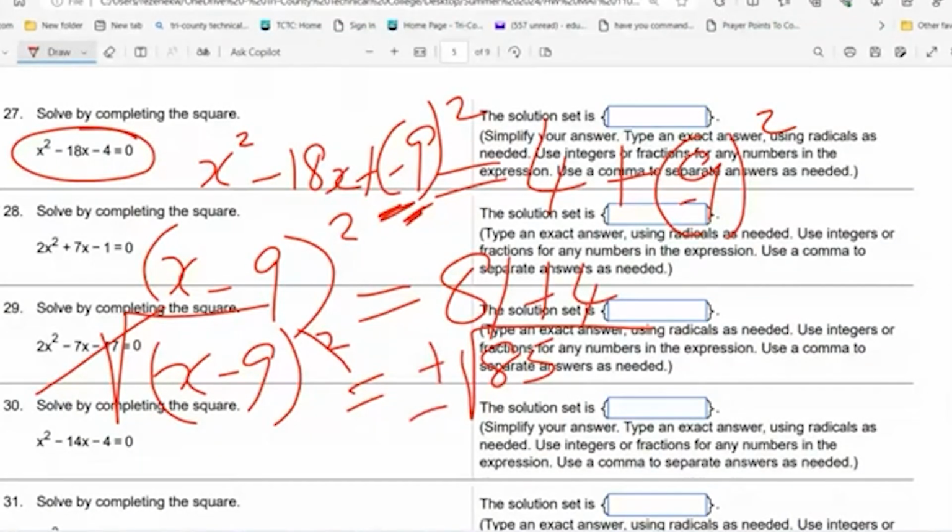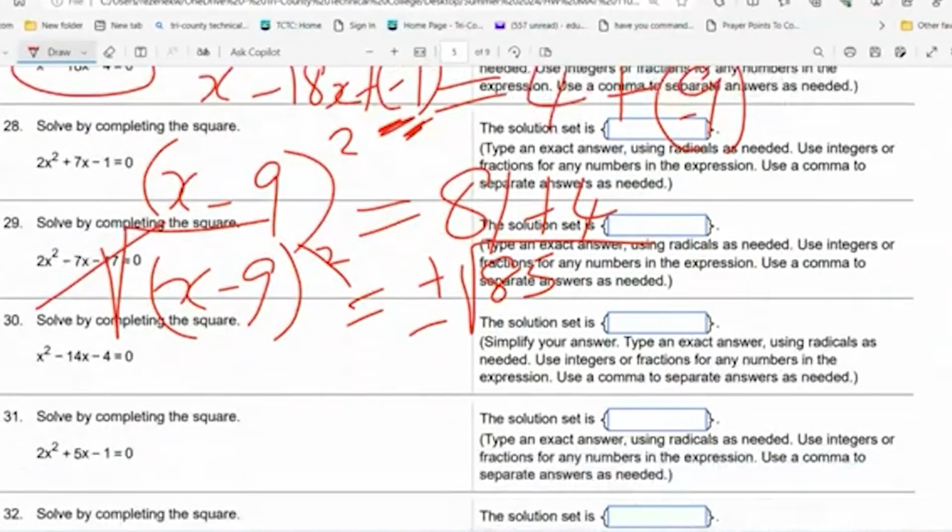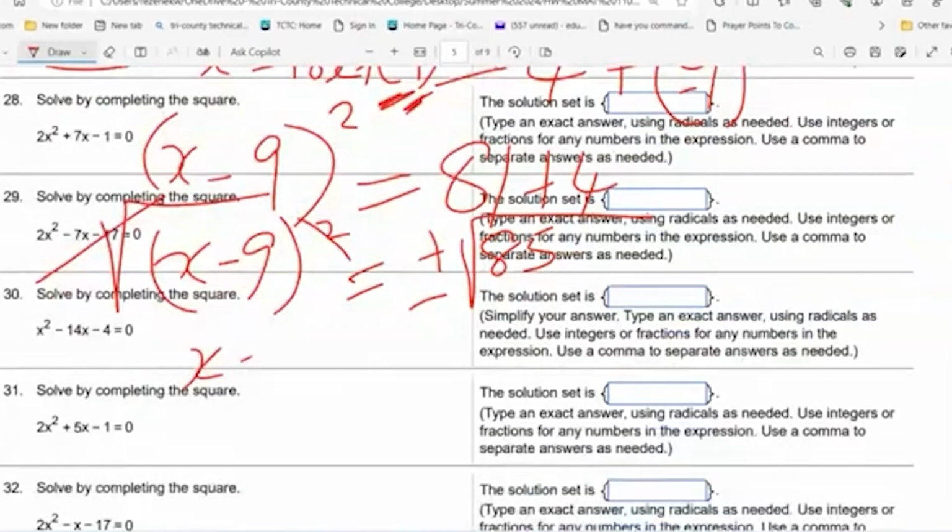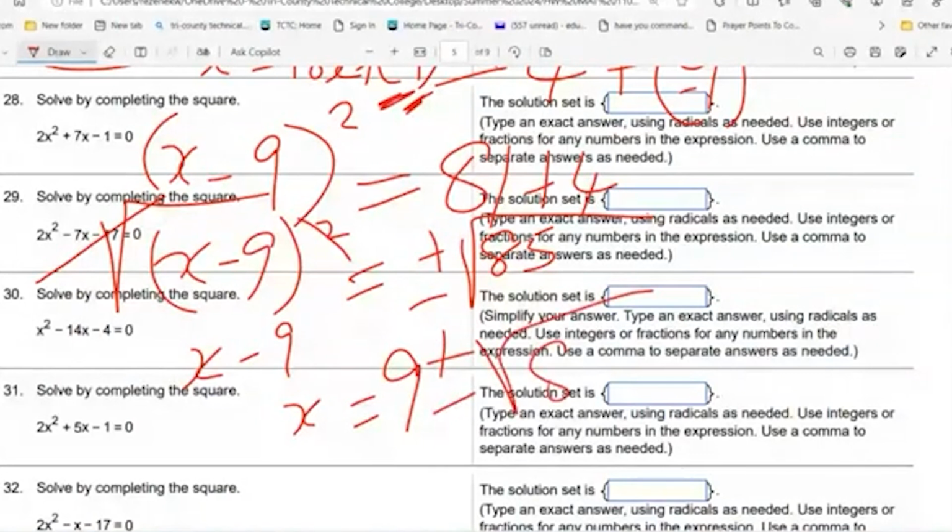All right, now that I have found the square root of both sides, on the left-hand side I have x minus 9 remaining, but I'm solving for x only. So I'm going to write x is equal to 9 plus or minus the square root of 85. Well, guess what? You are told to leave your answer in exact form.